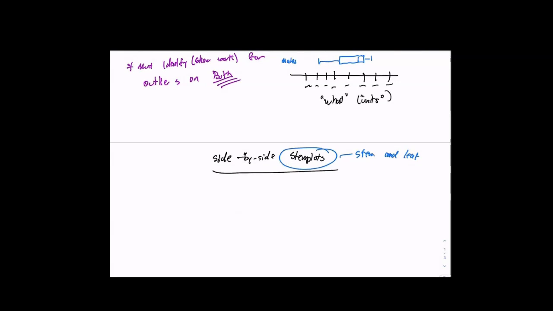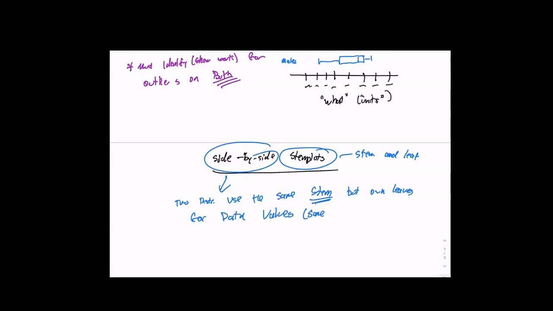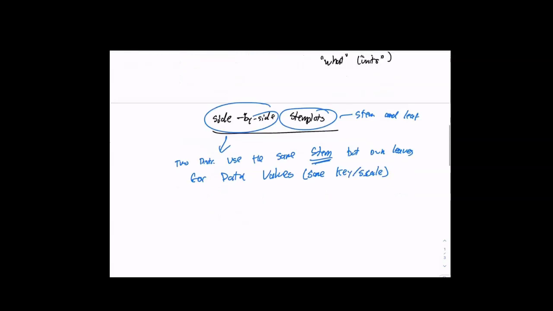With the side by side, the two distributions use the same stem, but their own leaves for data values, and therefore also the same key and scale.